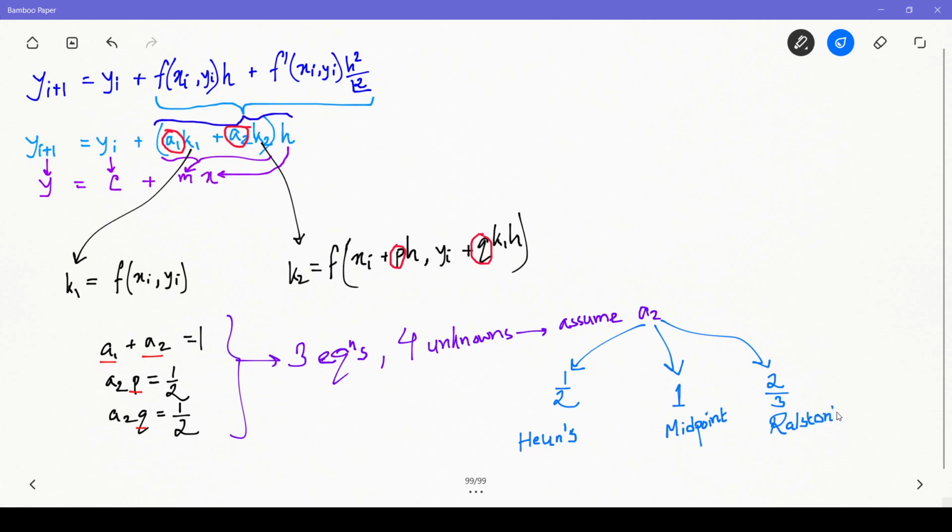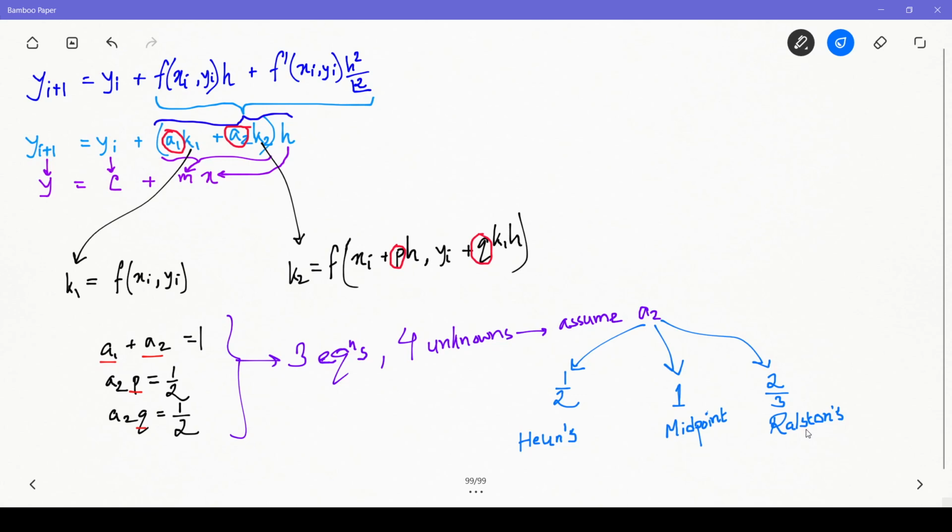Each of these approaches works well for different scenarios. There is no set-in-stone best approach. For one particular unknown function, let's say Heun's method will work better; for another, the midpoint method will work better; and in another, let's say Ralston's method will work better.